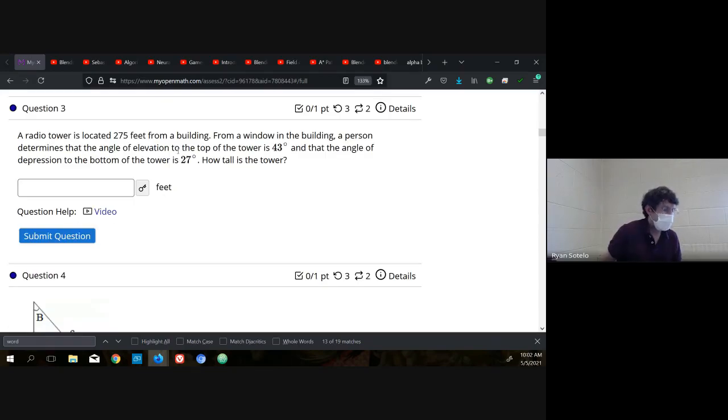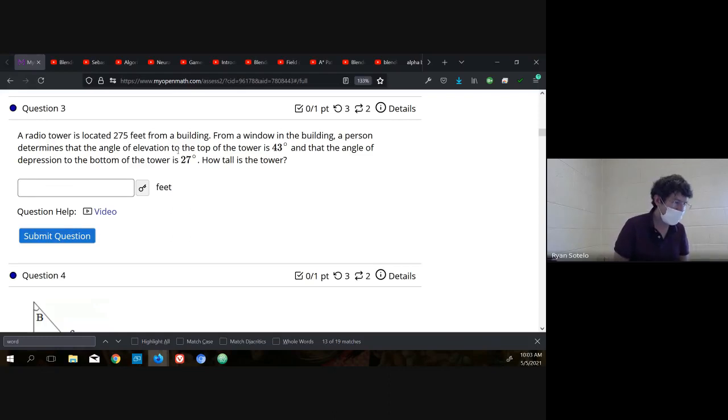All right, number 3, I'd always recommend drawing a picture. So we have a radio tower. It's 275 feet from a building.